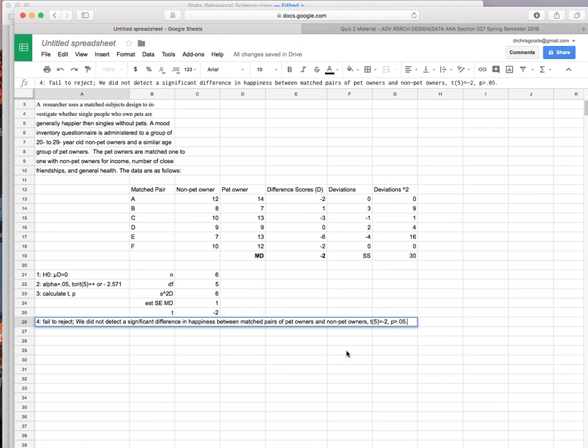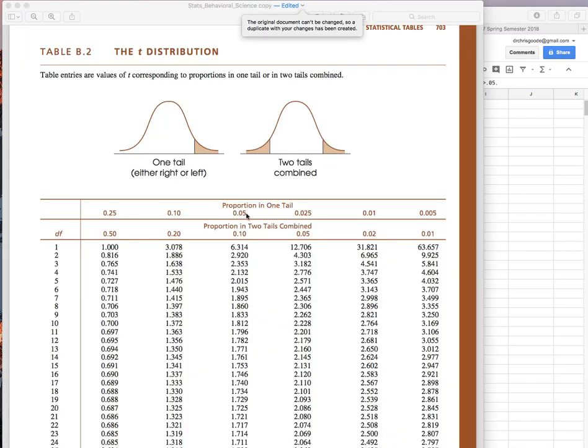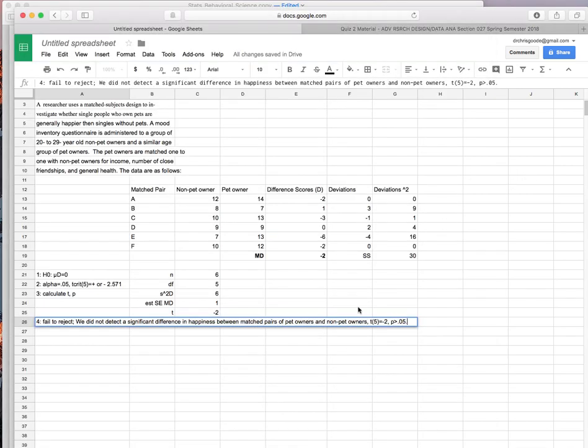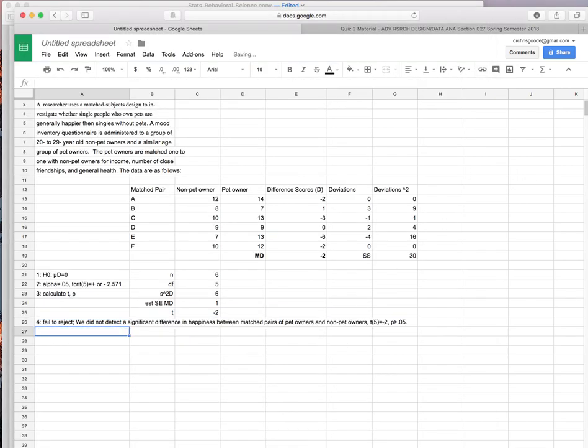It's greater than that because it's in the body, and the body is greater than those two tails combined. That's it for this one, and we'll see you for the next problem.